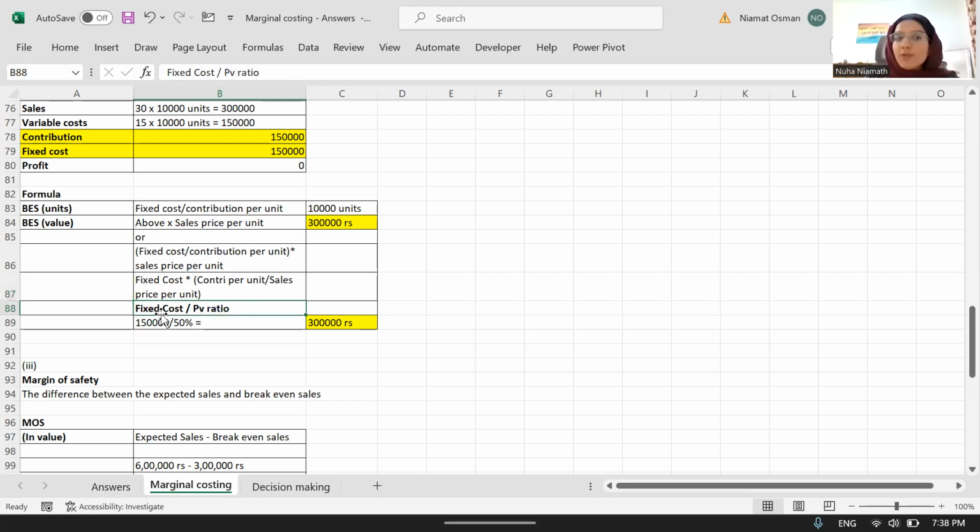That means it will be fixed cost divided by the PV ratio. Is everybody clear with this concept? This is not multiply, this is divide basically. It will become fixed cost divided by my PV ratio. So this is a simple way of arriving at our formula for break-even sales: fixed cost divided by PV ratio.